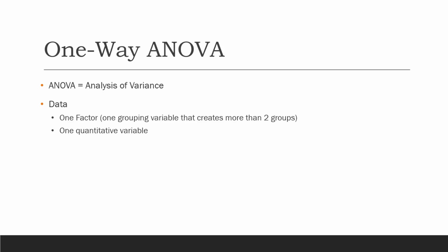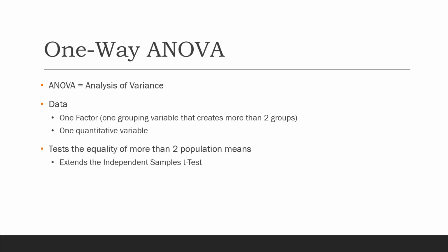And then the other variable is going to be a quantitative variable. So if you wanted to really and truly think about this, you're going to have a categorical variable, which is our factor, and a quantitative variable. And you're usually interested in the differences in the means of the quantitative variable for each group or each category that we have of that categorical variable.